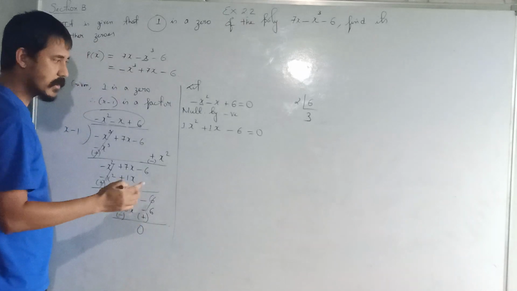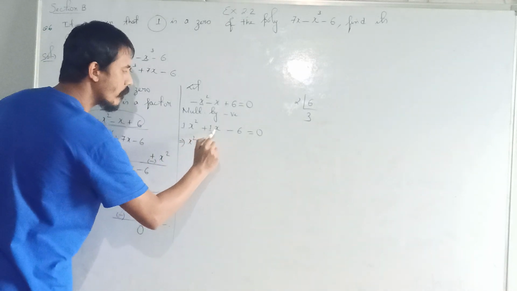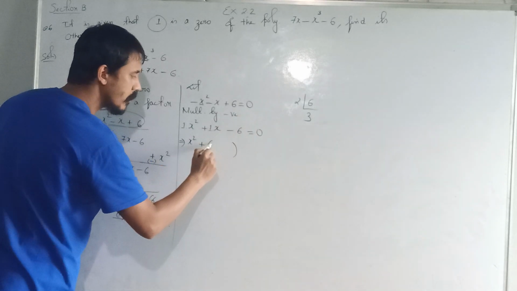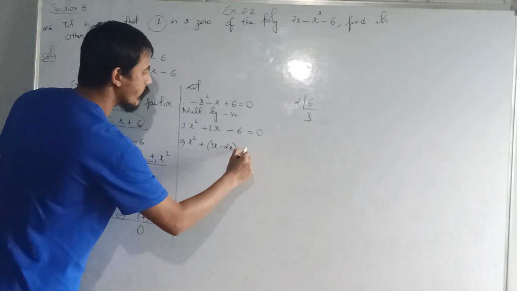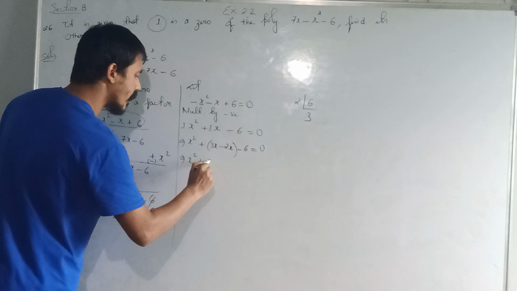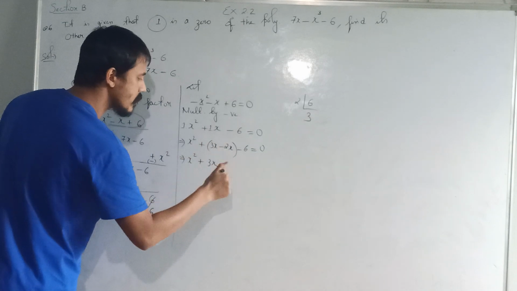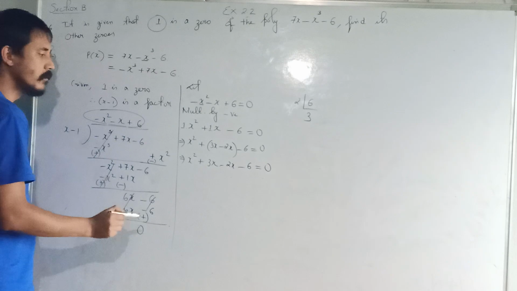So x squared stays as it is, and instead of 1x we write 3x minus 2x, and then minus 6 is 0.